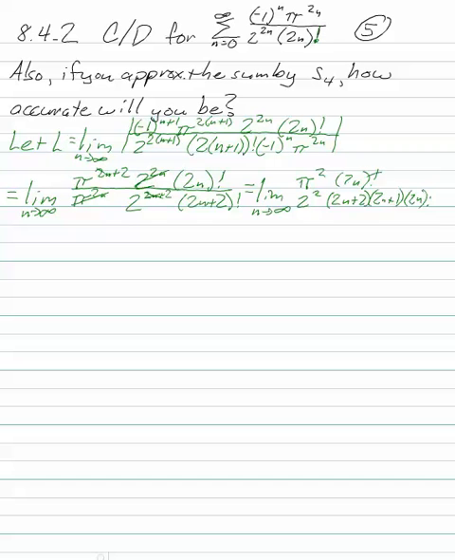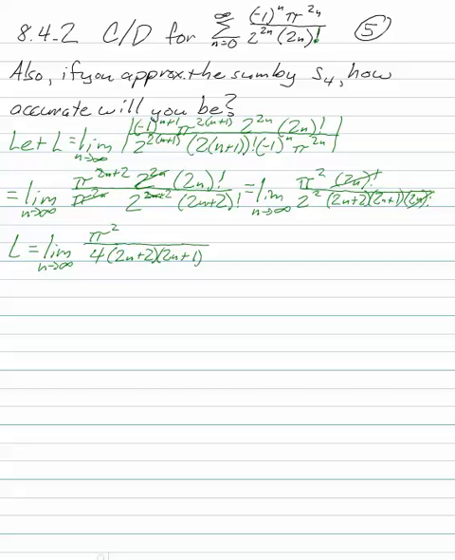So now you see that the 2n factorial cancels with the 2n factorial. And this is all in a fraction bar. So now we have that L equals the limit as n goes to infinity of pi squared over 4, sure why not, a 1 on top, and on the bottom we have a 2n plus 2 times 2n plus 1.